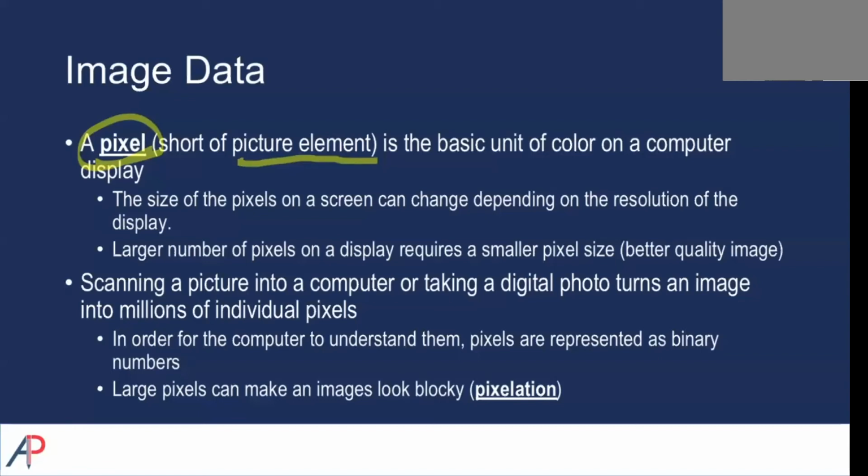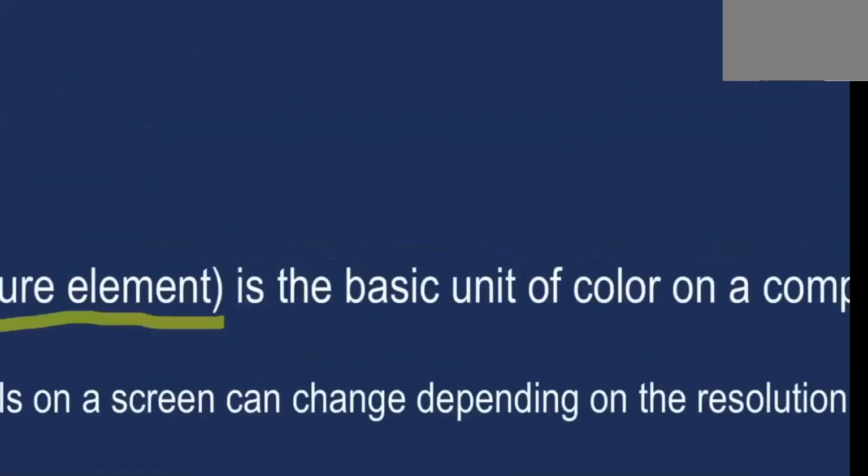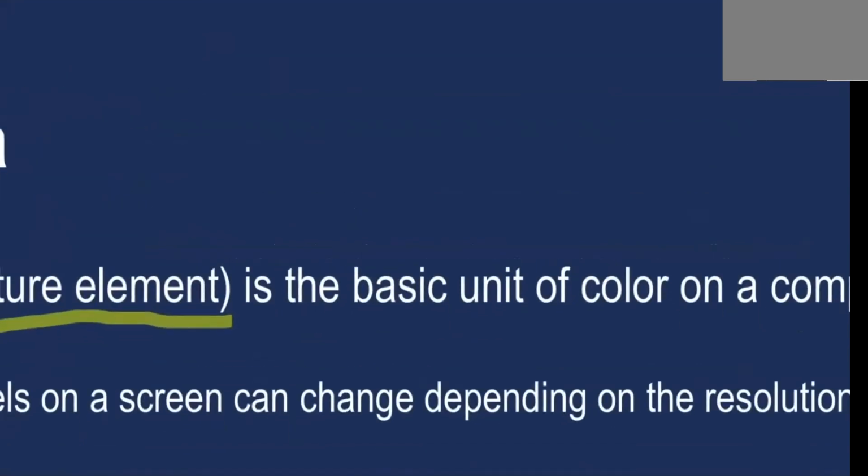I think most of you guys are familiar with what a pixel is. A pixel is just the smallest unit. If I were to zoom in, zoom in, zoom in to a point where I cannot zoom in anymore, we would have one small unit of color, one small unit of a screen.